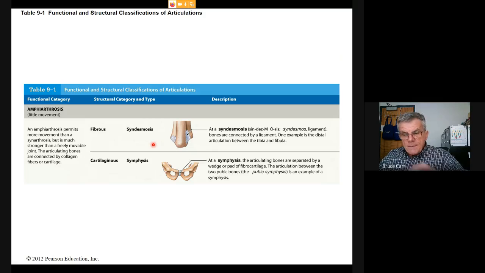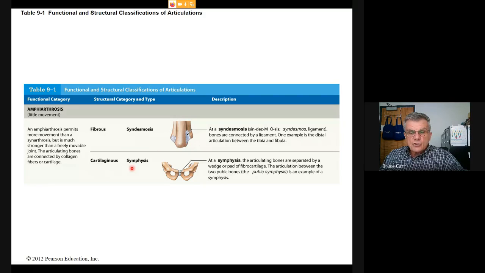So the tibia has a little cavity like this, and the fibula lies in that cavity, and the fibers lock them together to hold that talus in place and not allow it to move left to right. So this strong amphiarthrosis allows little movement between the fibula and the tibia. Now, I'm not talking about the joint between the talus and these two bones. That's a synovial joint. But this fibrous joint, a syndesmosis, occurs left and right at the bottom of our legs.